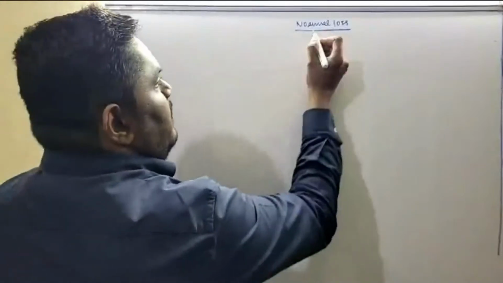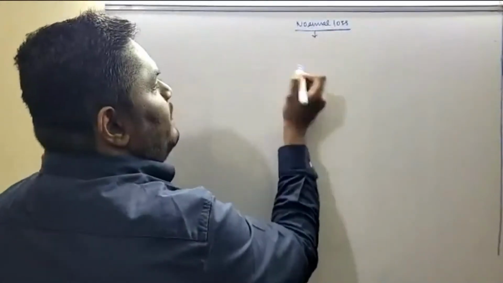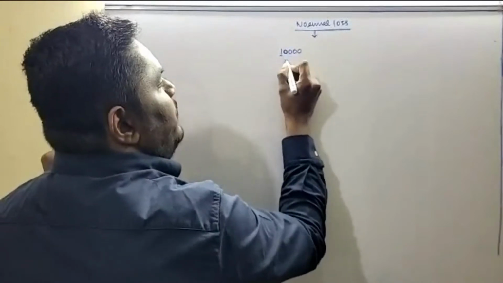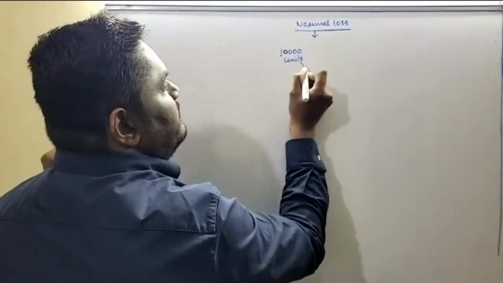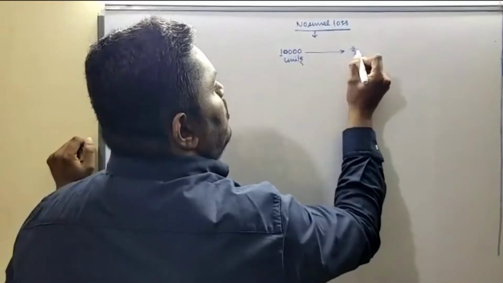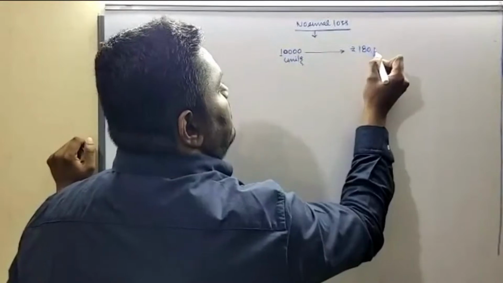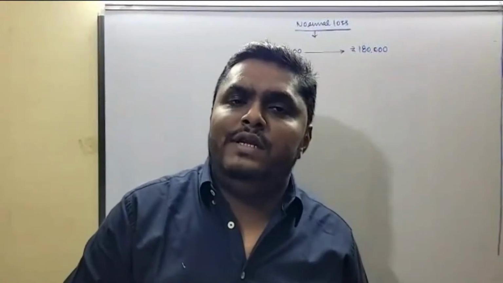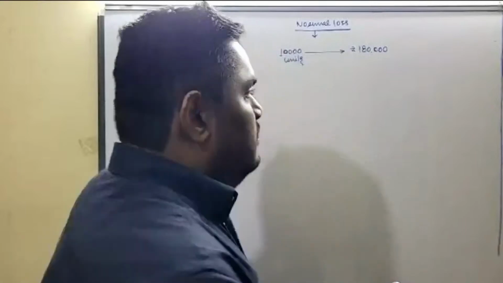Now, when talking about the treatment of normal loss, let's say I have made an input of 10,000 units, and the cost of my process is rupees 1,80,000.